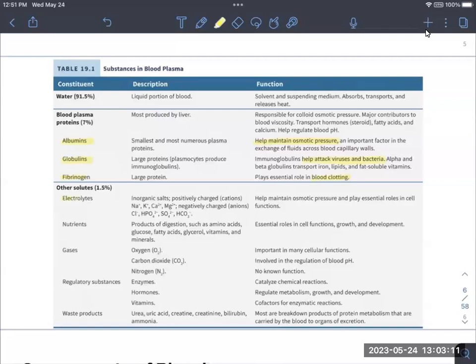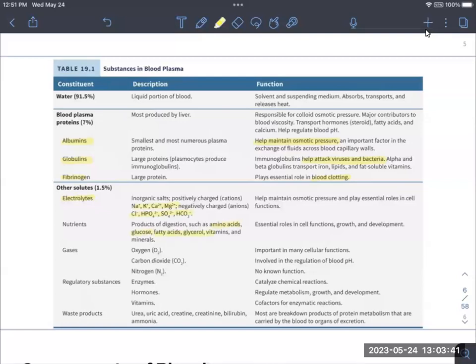Then those electrolytes are any positively or negatively charged ions. There are lots of different electrolytes we're going to find. Nutrients: if you just had some protein with a meal, you're going to have some amino acids in your blood. Glucose: we have to maintain a specific blood glucose level.